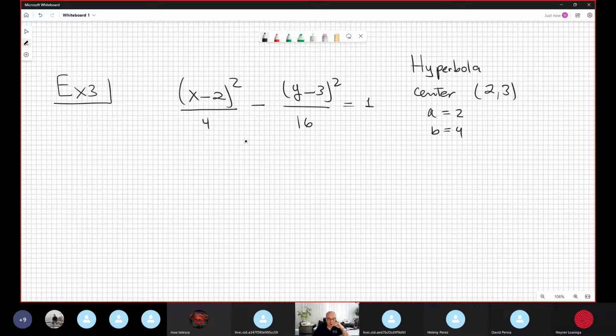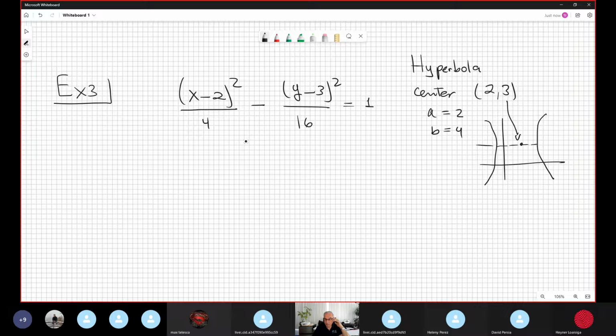Remember the hyperbola, guys, a is not the bigger one, no, a is the one under the term that is positive, because our hyperbola, by the way, the center is located here, 2, 3, is like that. Bam, bam.